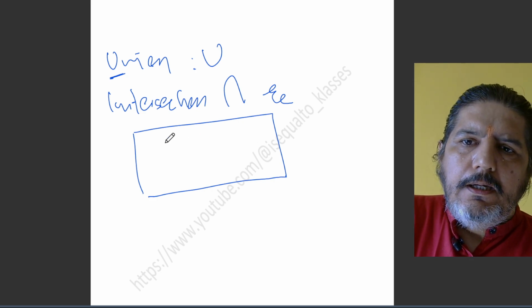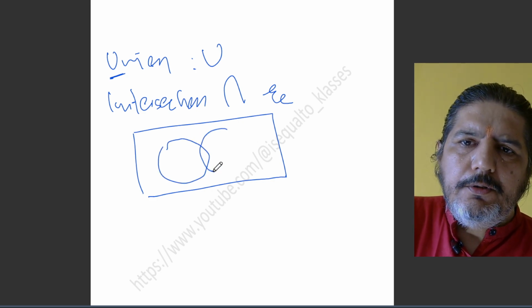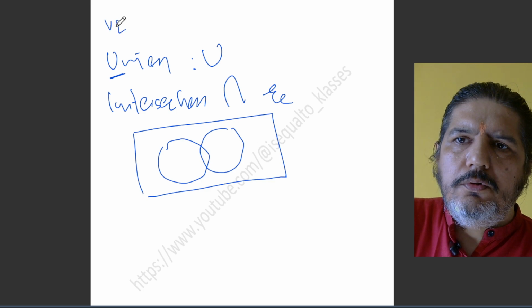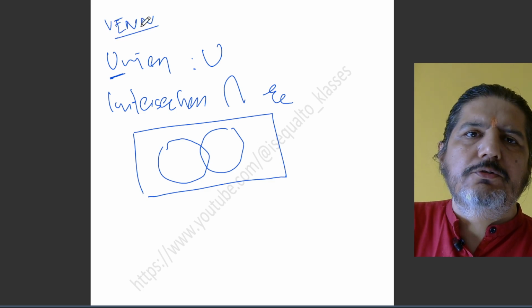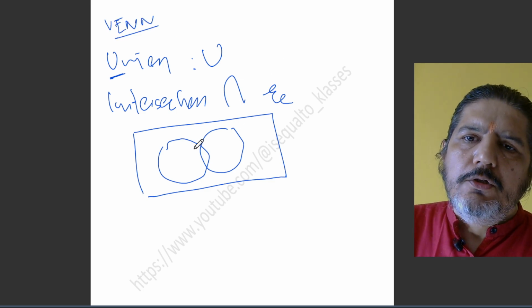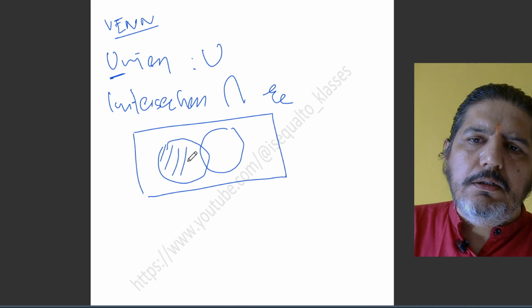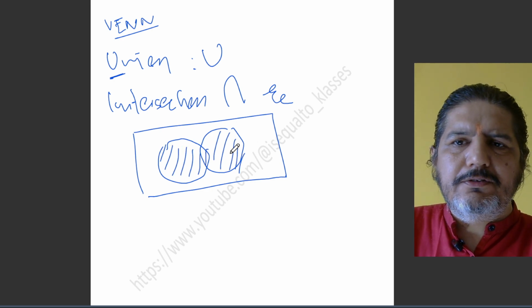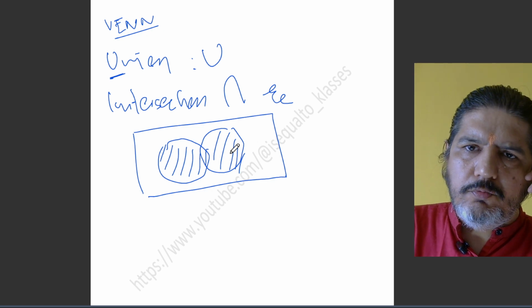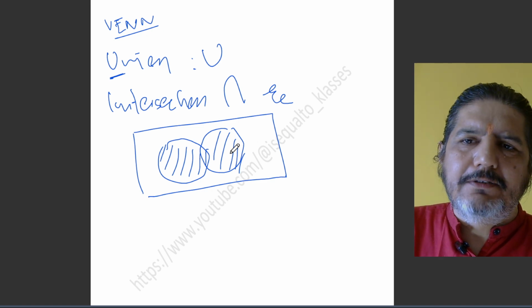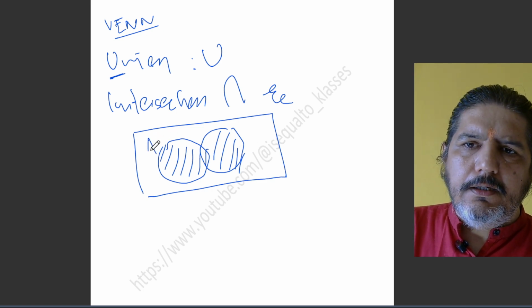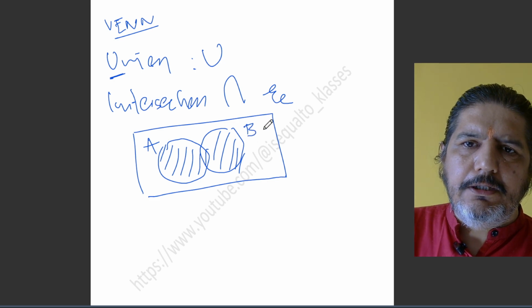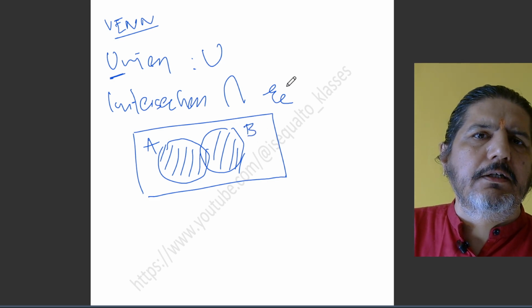If I have to represent union, I'll be using Venn diagrams to explain the concepts. Union would be all unique elements which would be there in two sets. You can have two sets, you can have three sets, however many sets you want, but usually there are two or three sets. For example, let us imagine there is a set A, there is a B, and there is a universal set xi.